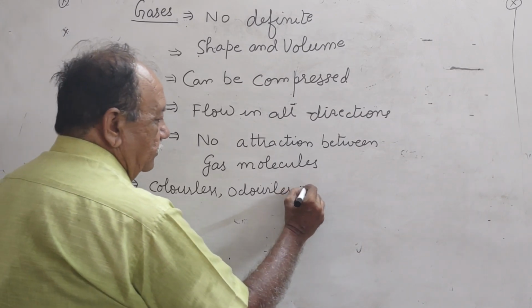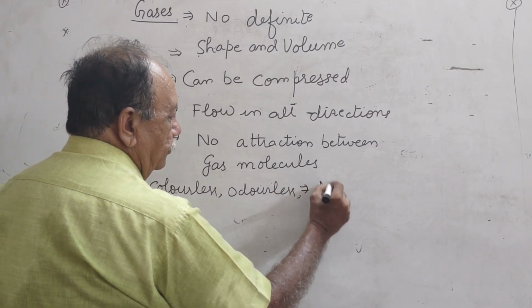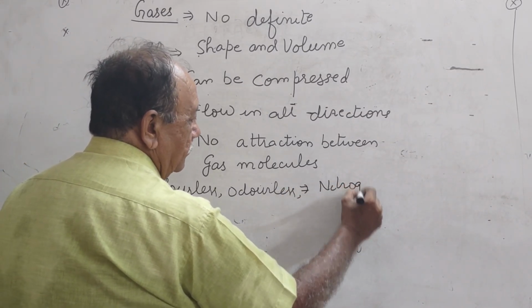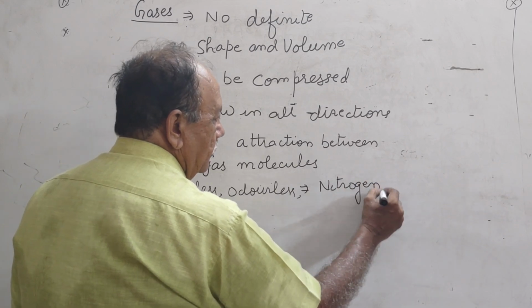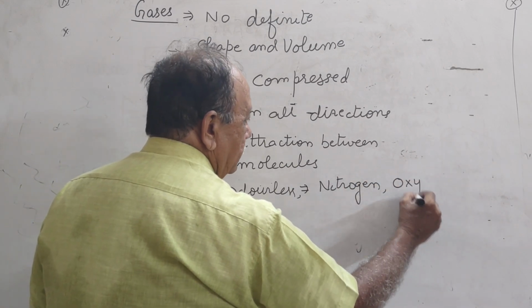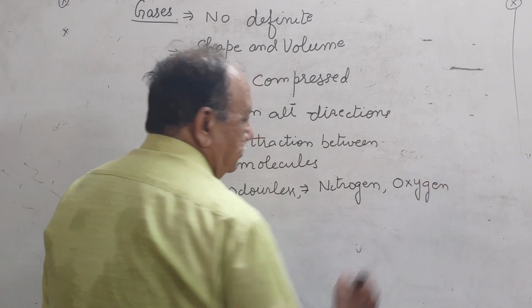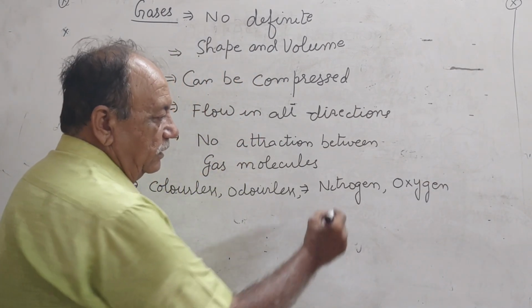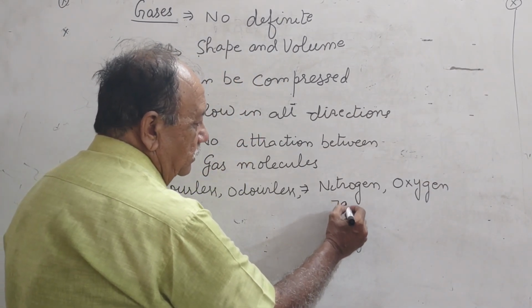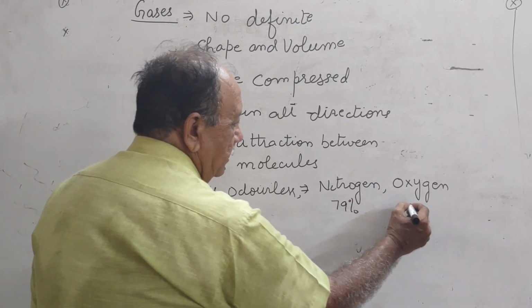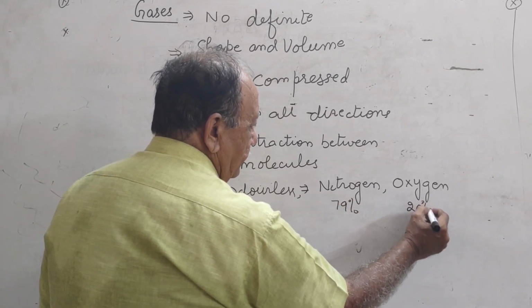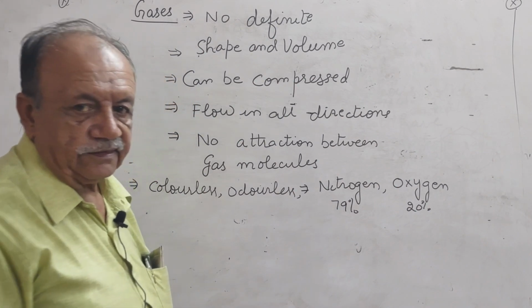Examples: nitrogen, oxygen, present in air. Nitrogen is around 79% in air, and oxygen is more than 20% in air.